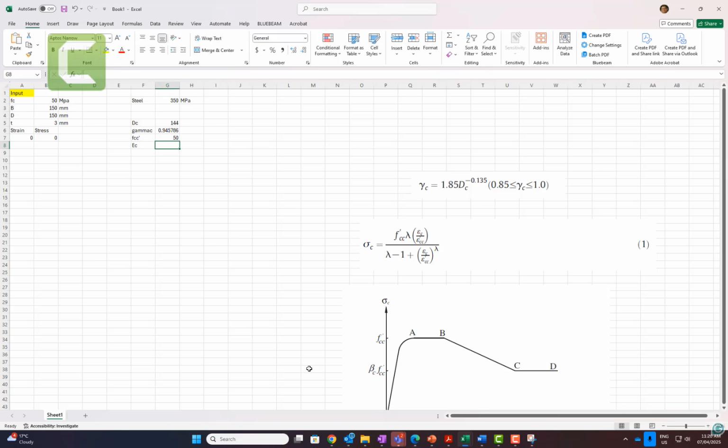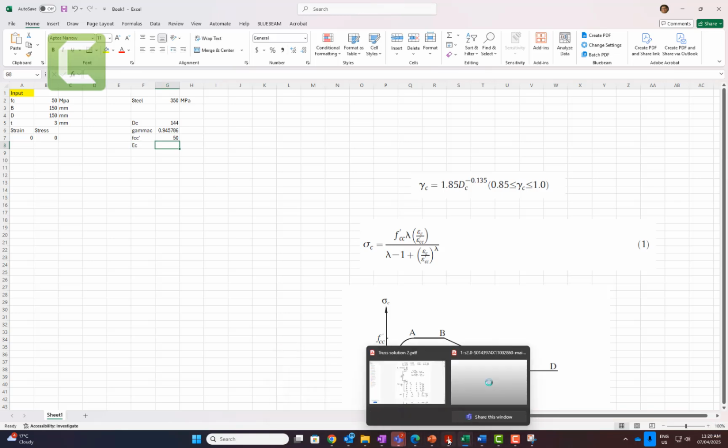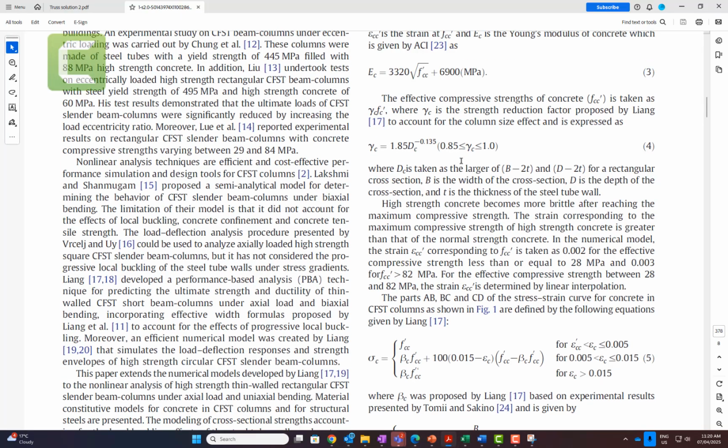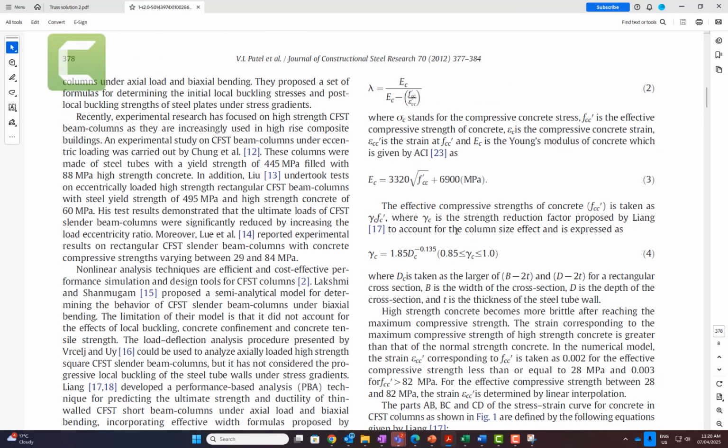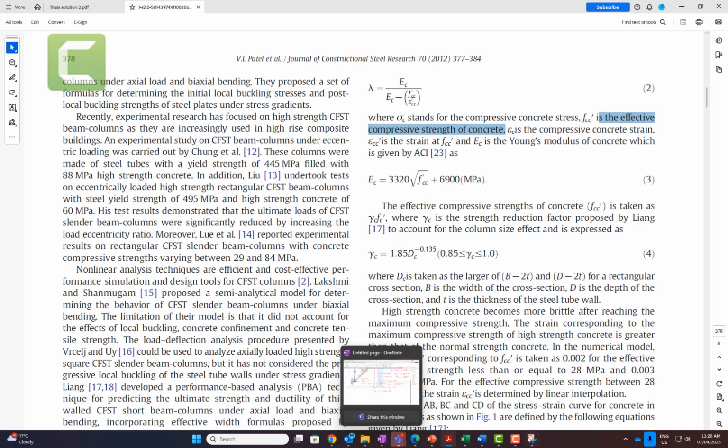EC, which is the Young modulus, and the Young modulus that we're going to get is, I think, based on the effective compressive strength, which is basically gamma C and FC dash. So equal to FC dash multiplied by gamma C, right? So that is your effective one. And EC, let's get the equation for this one.